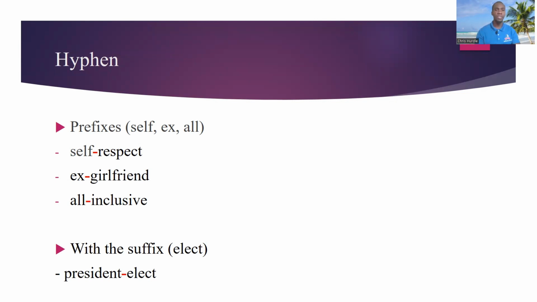So we have self-respect, ex-girlfriend, all-inclusive. Those words must be used with a hyphen, the prefix along with the other word. And with the suffix elect, anytime we use elect as a suffix, we have to use a hyphen. All right.